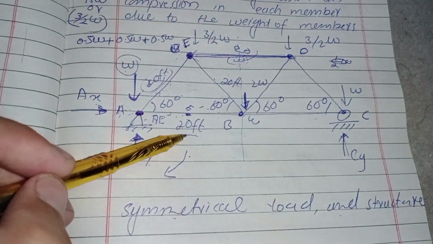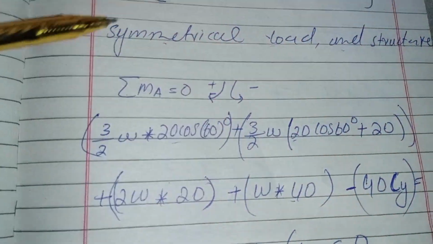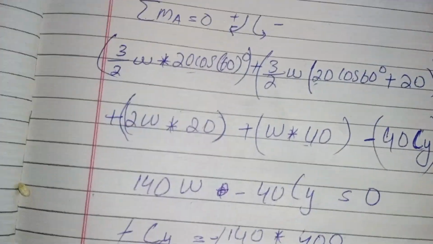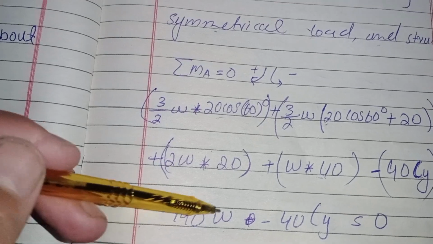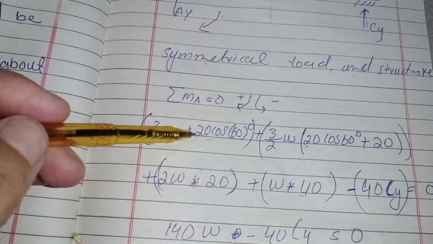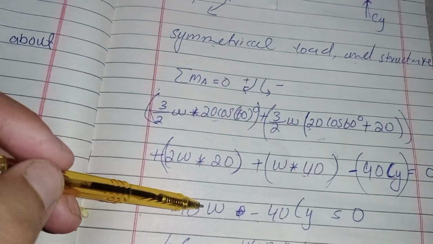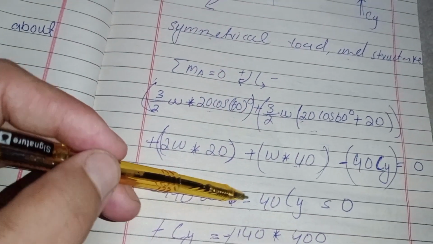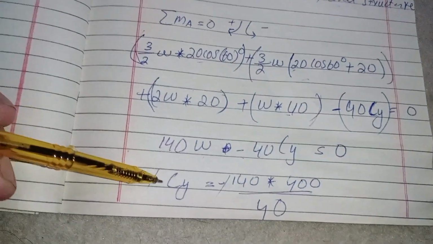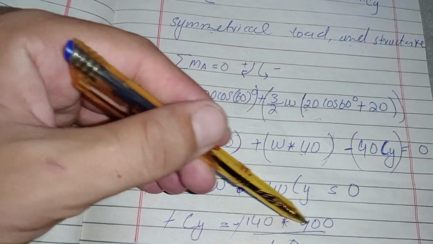The distance is 40 and the force is Cy, so the sum equals 0. If you calculate from here to here, it comes to 140 W minus 40 Cy equals 0. So Cy will become 140 into W divided by 40.